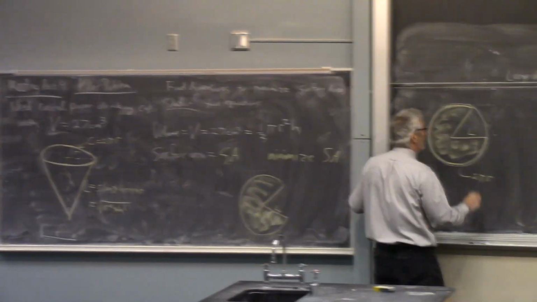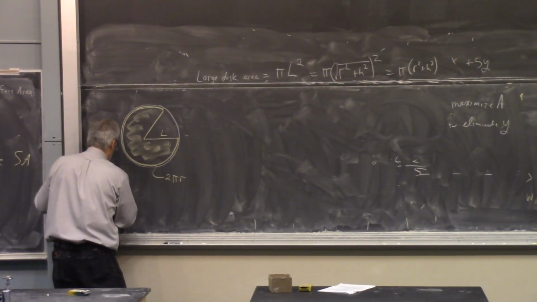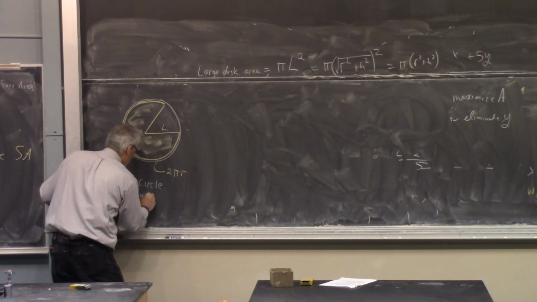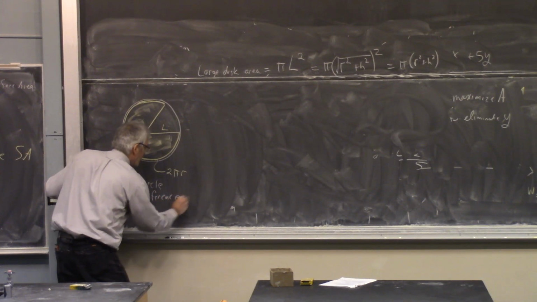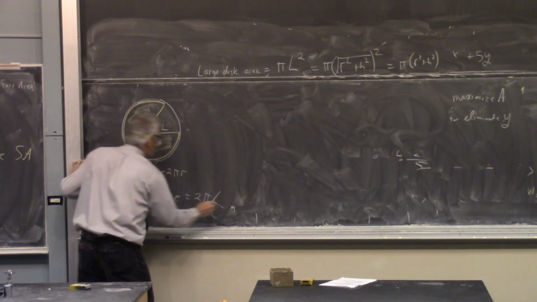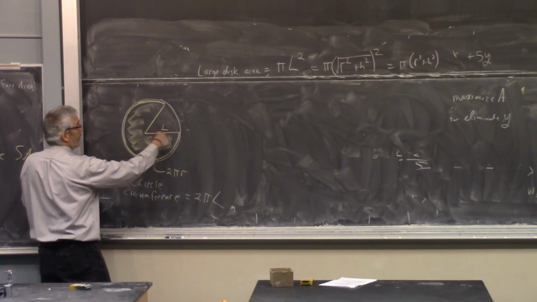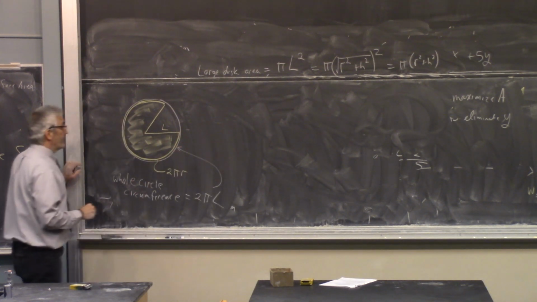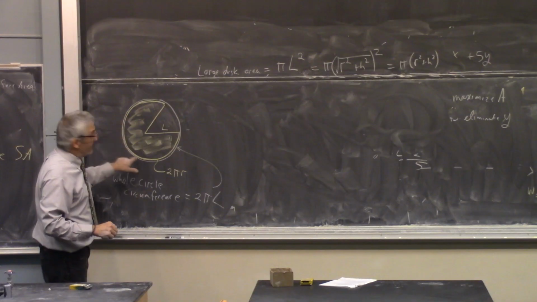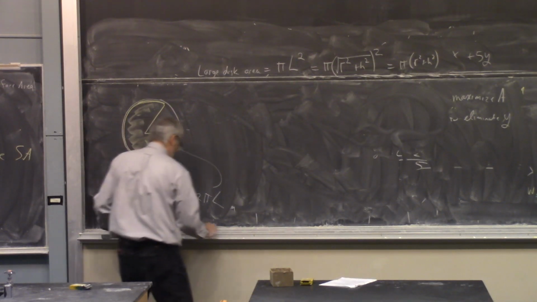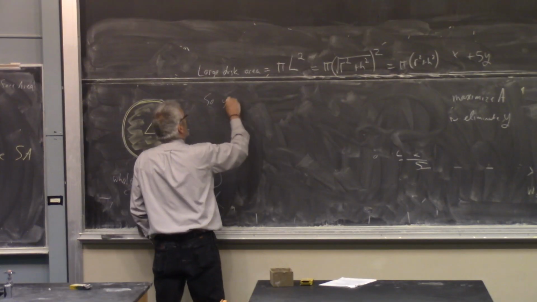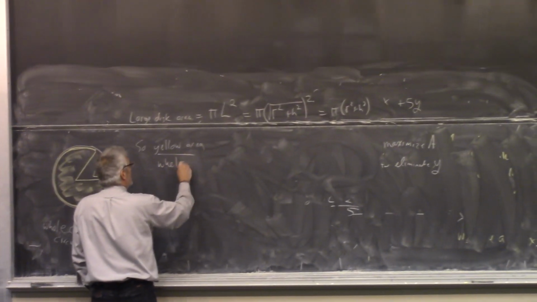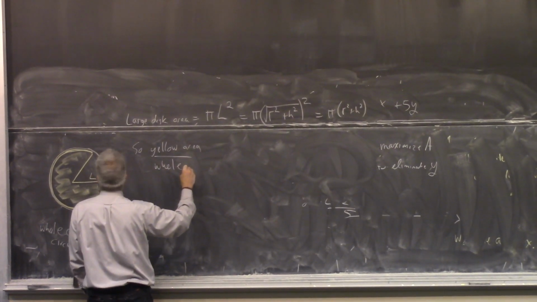But for the whole circle, the circumference is 2 pi L, because I've got a circle of radius L, and that's this white circumference. So this yellow length divided by that white length tells us how much of the whole disc we have.